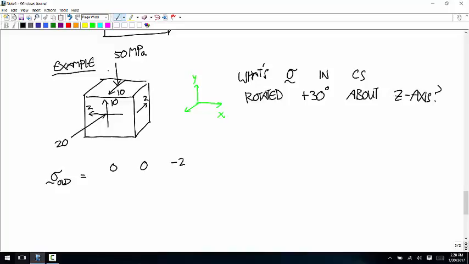On the y face we have 0, negative 50, positive 10. On the z face we have negative 2, 10, negative 20.